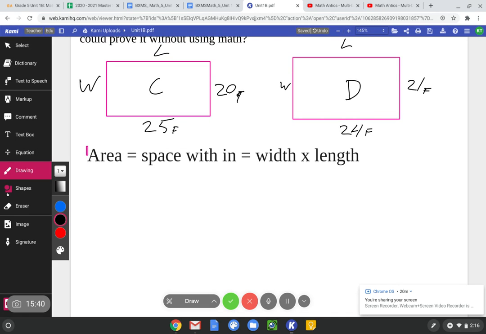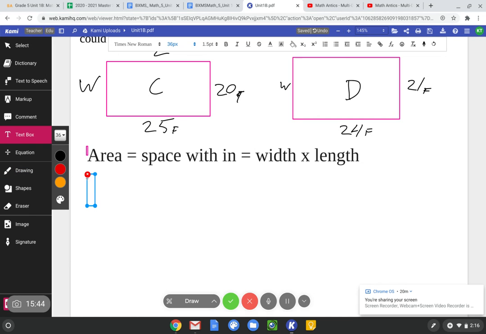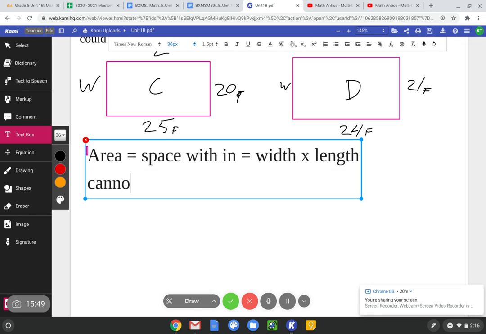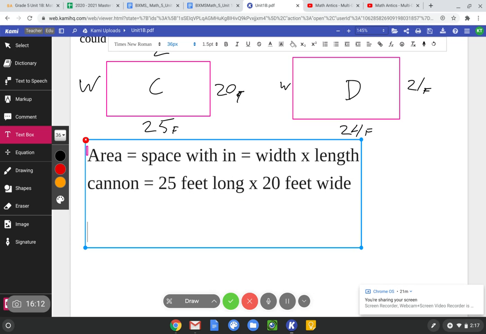So let's do Cannon first. He said 25 feet long by 20 feet wide.